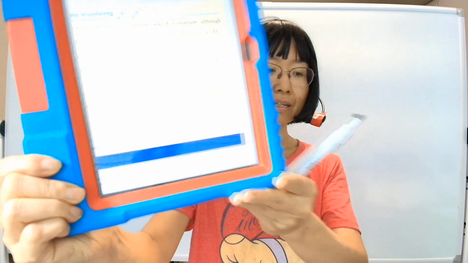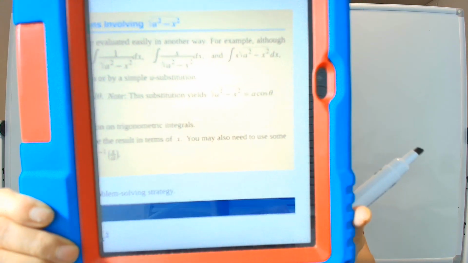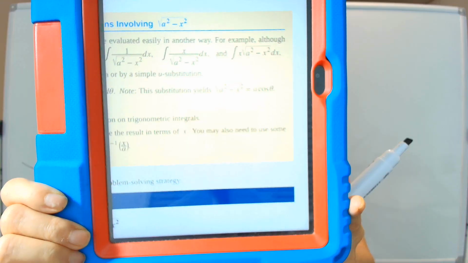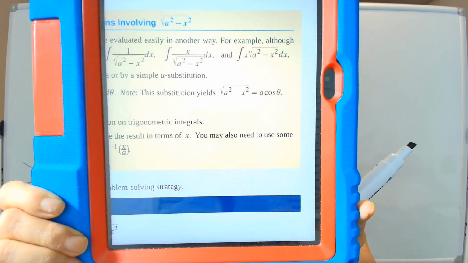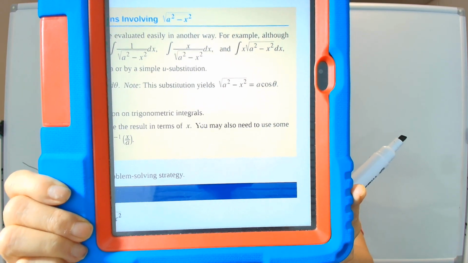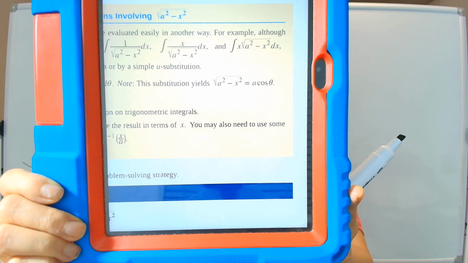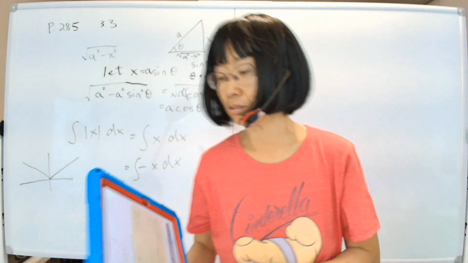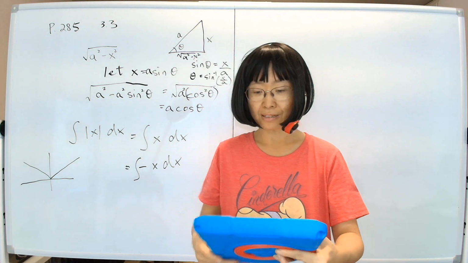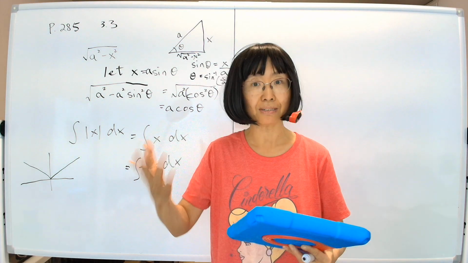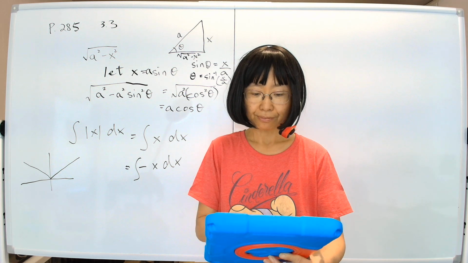If you have to integrate x times the square root of a squared minus x squared, again you let u equal a squared minus x squared, and the x dx takes care of the substitution. So those things we have already done in the past. You may or may not remember it, but you sort of have a feel for it.